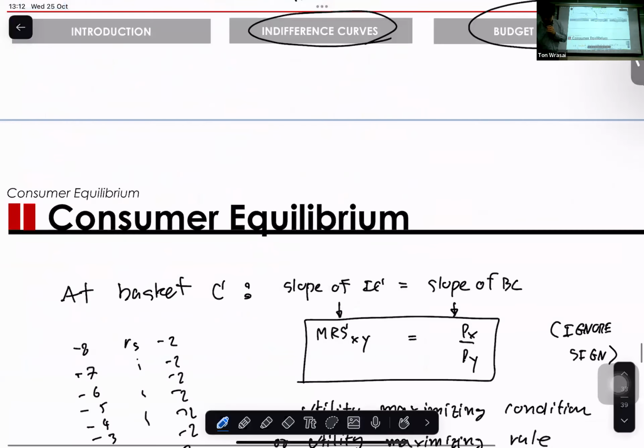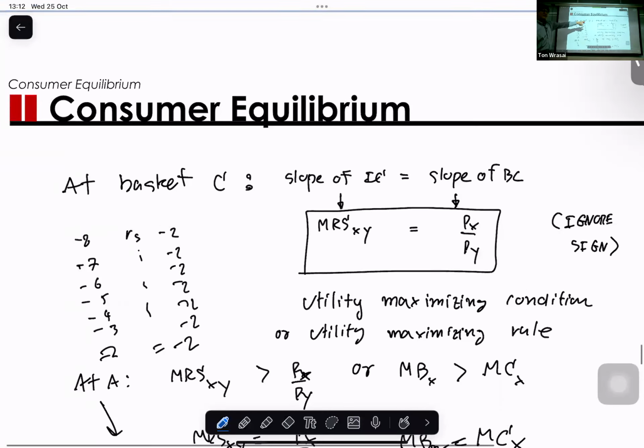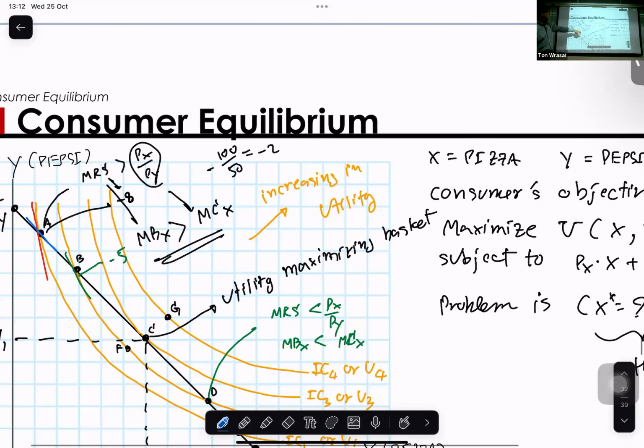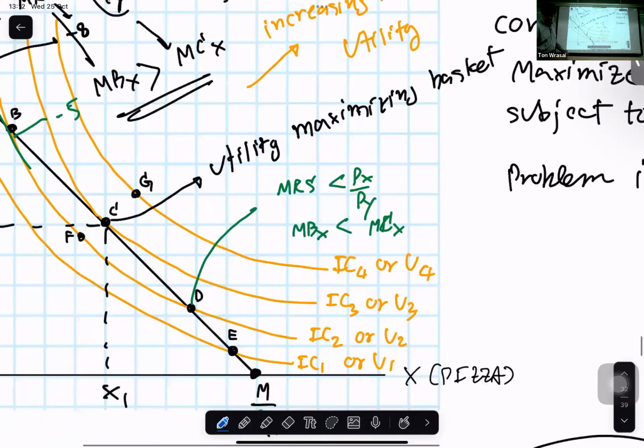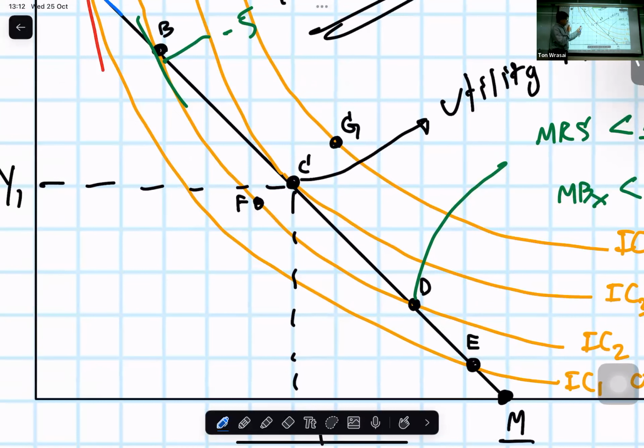Next, in the video, we take a closer look at basket C. We found out this when we measure the slope of two things at point C. The slope of the indifference curve at point C: you can find the tangency line that touches point C. This red pen, its slope reflects the slope of the indifference curve evaluated at point C. If you evaluate at a different point, you get a different slope.